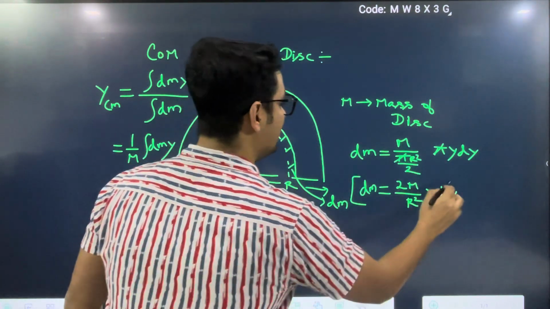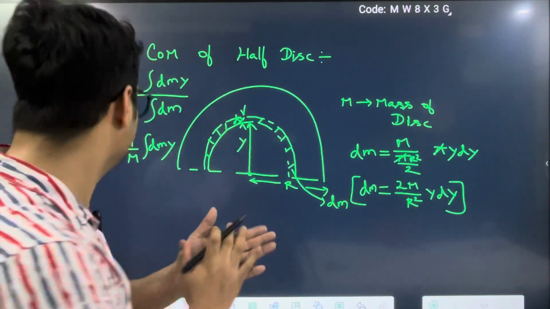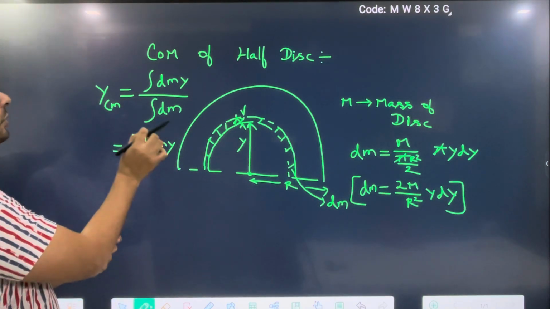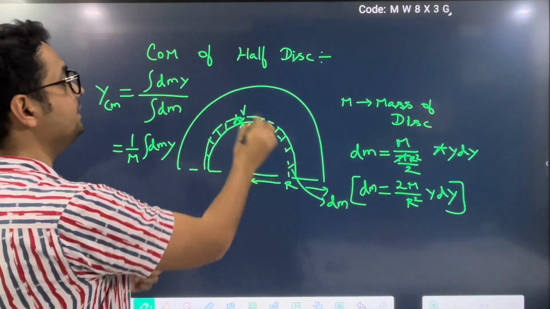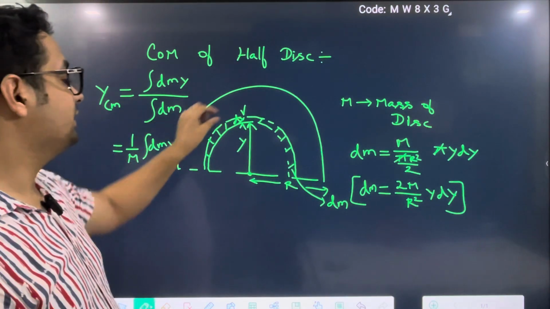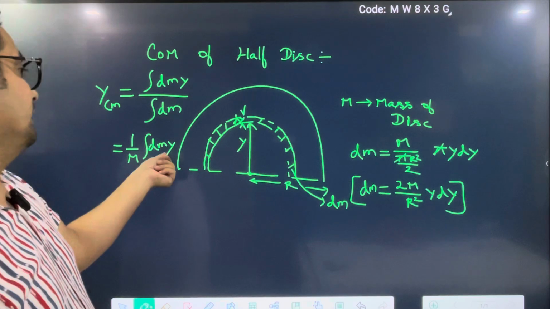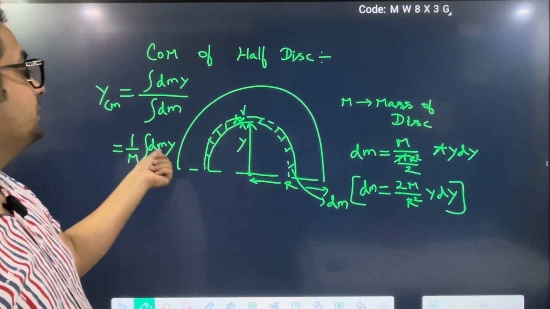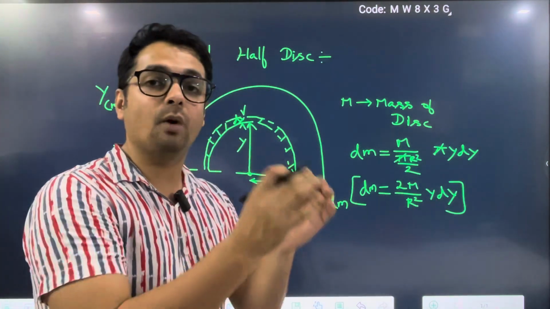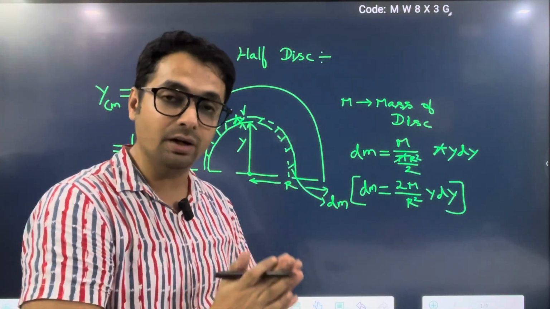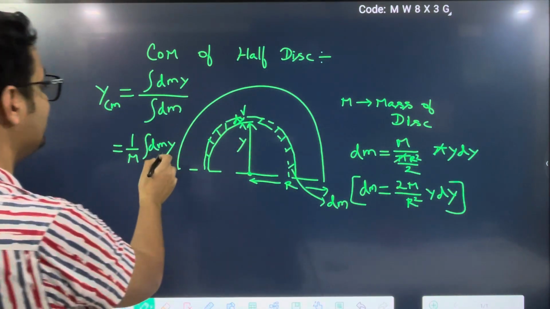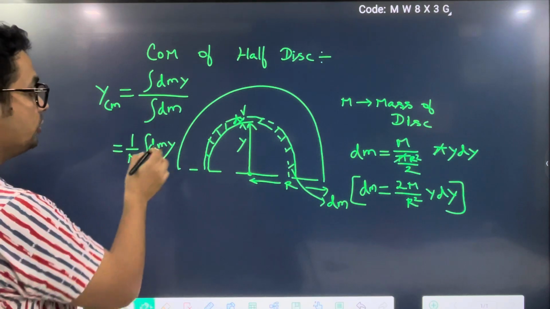Now here, what is this y? This y is the coordinate of the center of mass of this elemental ring. We already studied in the last class that the y coordinate of the center of mass of a half ring is 2r by pi. Here the radius is y, so this is 2y by pi. Do not confuse this.